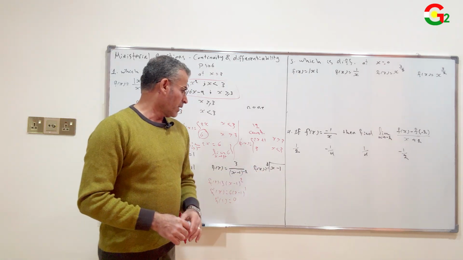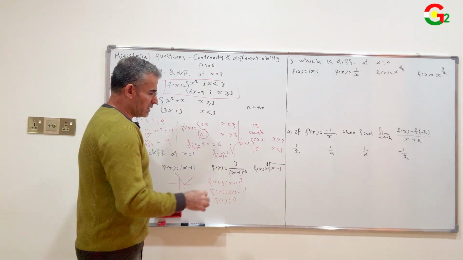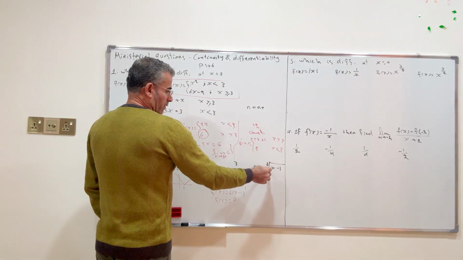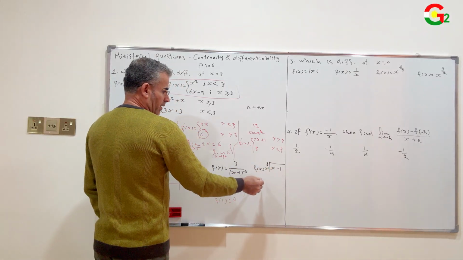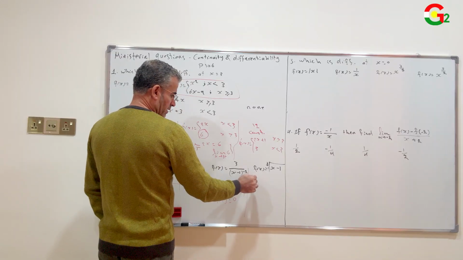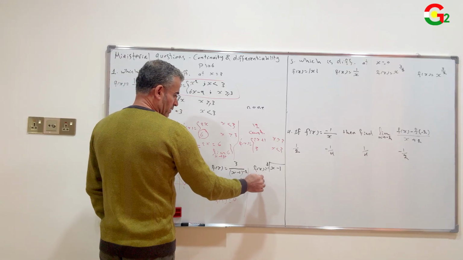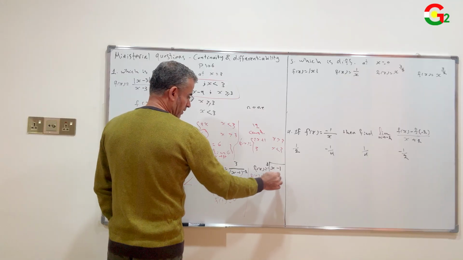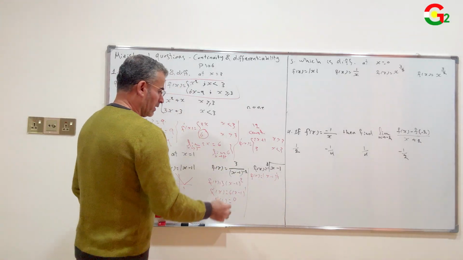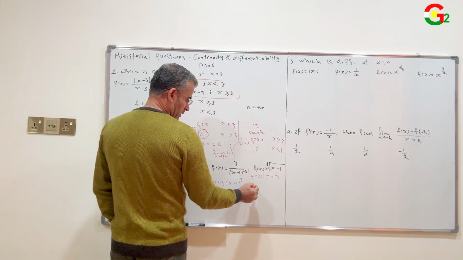For the last choice, f of x equals cube root of x minus 1. This function is not differentiable, since if we rewrite this function as x minus 1 to the power 1 over 3, the power is less than 1, therefore it is not differentiable.